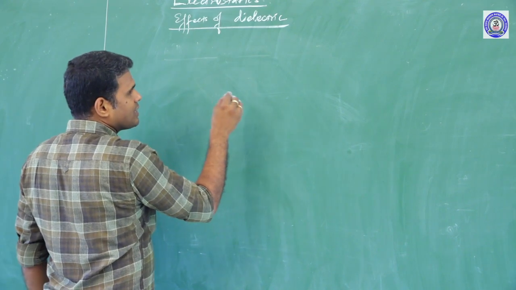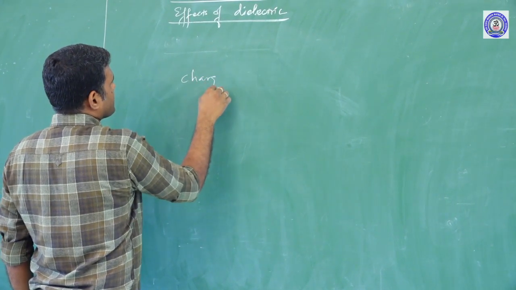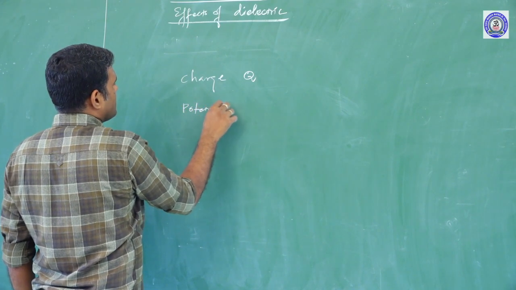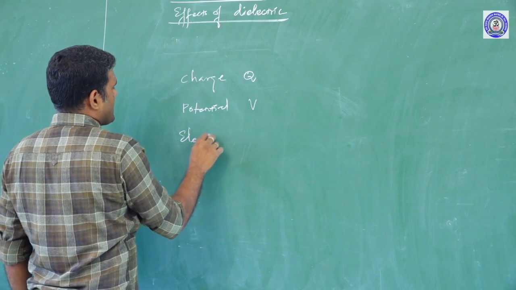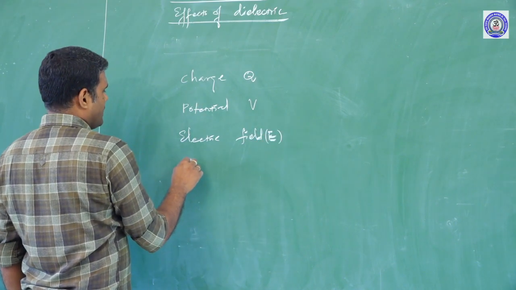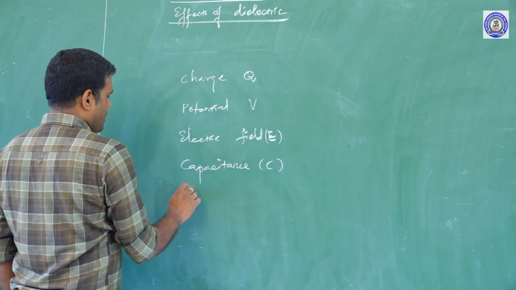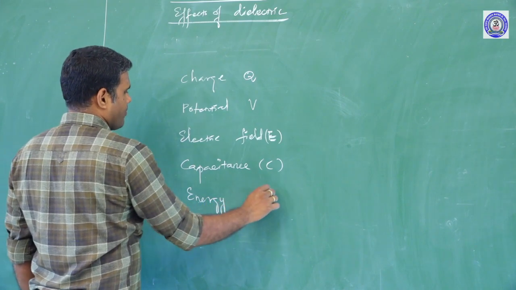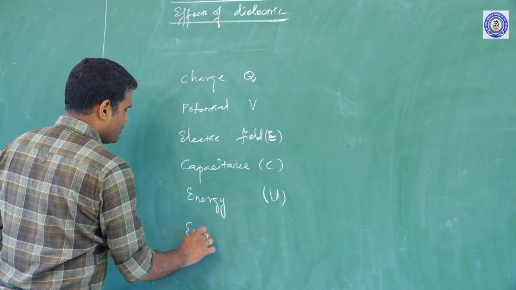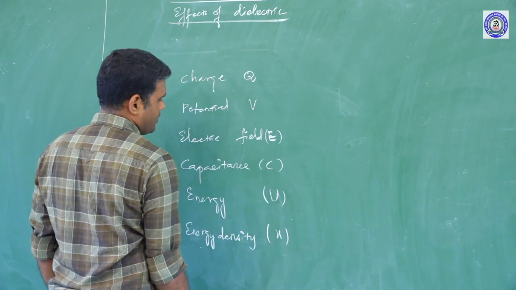The various physical quantities we are going to deal with are charge, potential, electric field, capacitance of a capacitor C, energy capital U, and then energy density, small letter u.